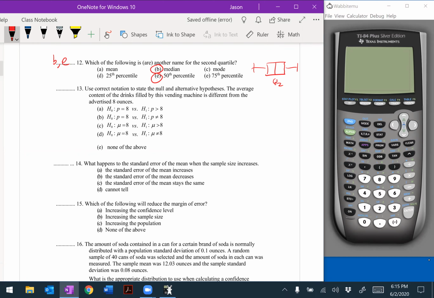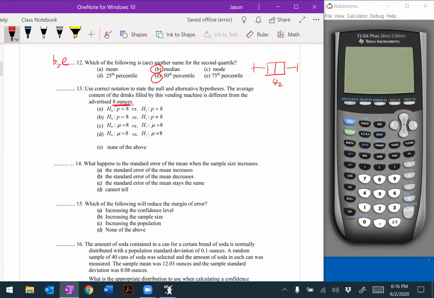Use correct notation to state the null and alternative hypotheses. The average content of drinks filled by this vending machine is different from the advertised 8 ounces. They're trying to rip me off. You're scamming me, bro.